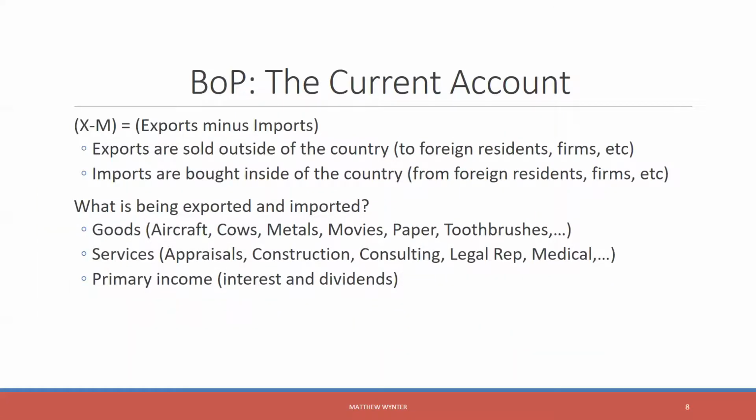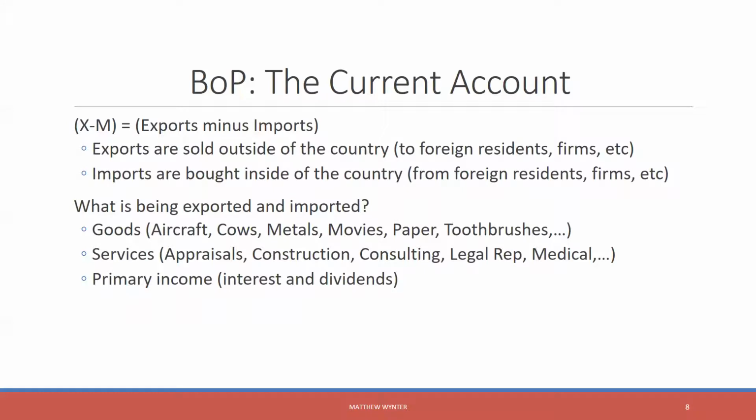We also have exports and imports more generally. So let's make sure we understand what I'm saying when I say exports and imports. An export is going to be anything that's sold out of the country to foreign residents, firms, governments, etc. And imports are going to be anything that's bought inside of the country from foreign residents, firms, governments, etc. So what is being exported and imported? Goods, aircraft, cows, munitions, metals, movies, you name it, it's being exported and imported.